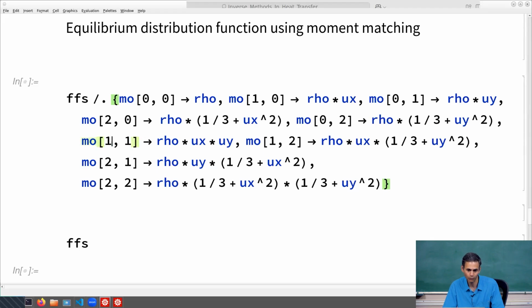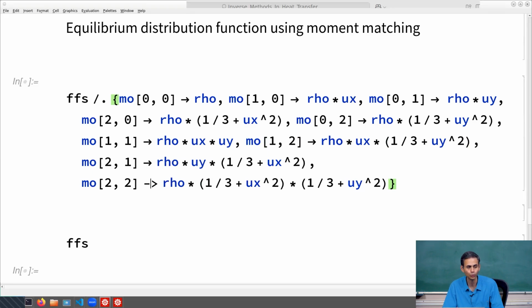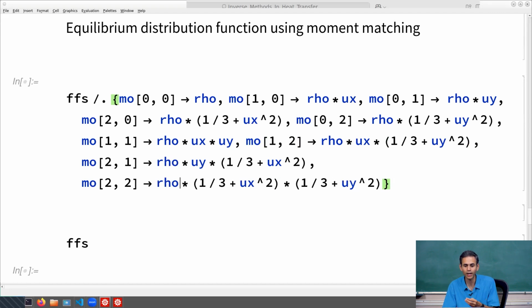And then moment of 1 1 is rho times ux uy, and moment of 1 2 is rho times ux times cs square plus uy square, okay? Then we have moment of 2 1 is rho times uy times cs square plus ux square, okay? And then moment of 2 2 is rho times cs square plus ux square times cs square plus uy square, right?